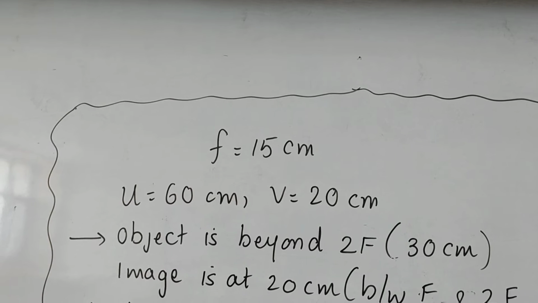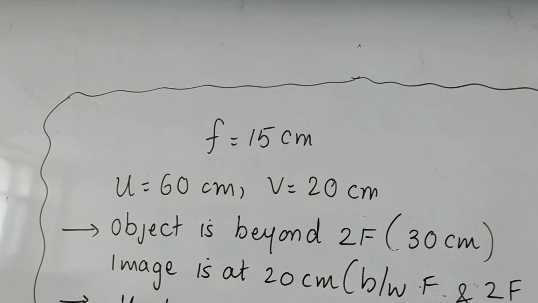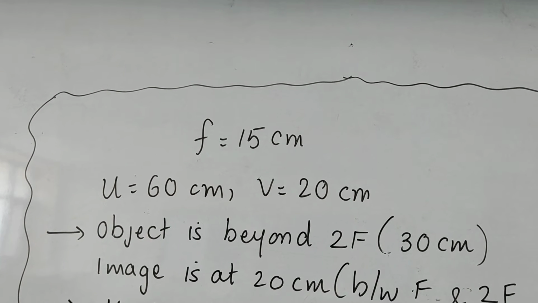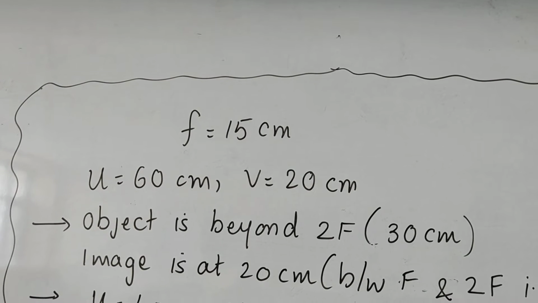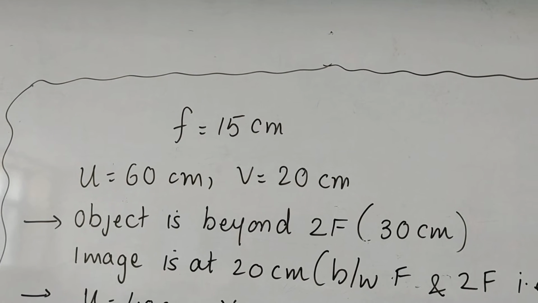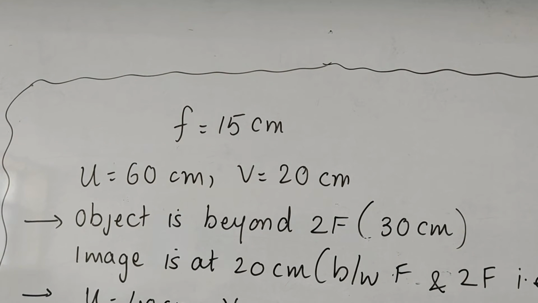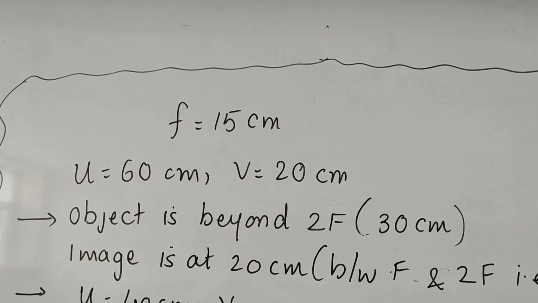Now we have found that focal length is 15 centimeters in the first question. So first set of readings indicates that U is 60 centimeters and V is 20 centimeters. If F is 15, it means our 2F will be at 30 centimeters away from the lens. And in this case, U is 60 centimeters. It means object distance is more than 30 centimeters.